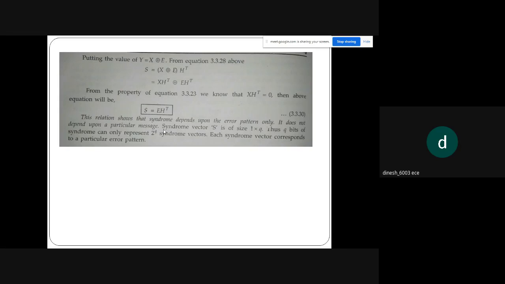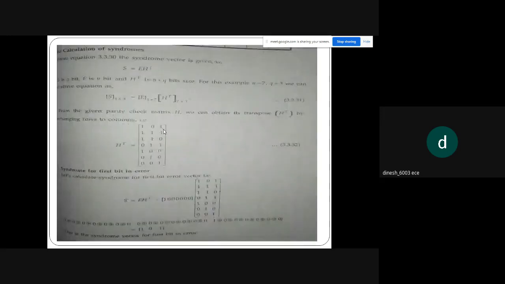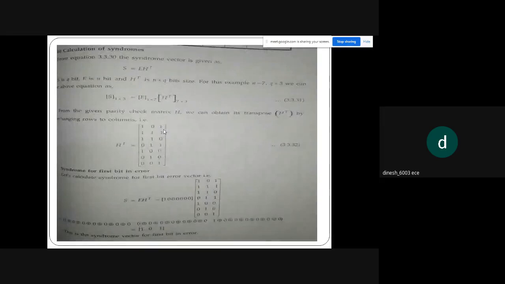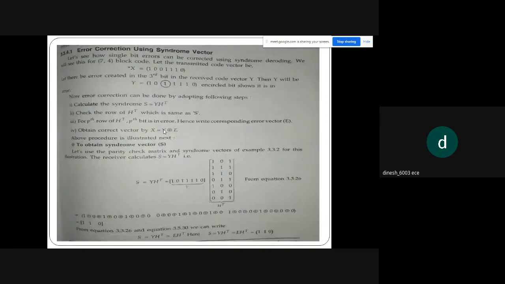Okay, so let us see an example of that. I think we had seen this example already, I suppose. The calculation of syndromes we had done in the previous class.